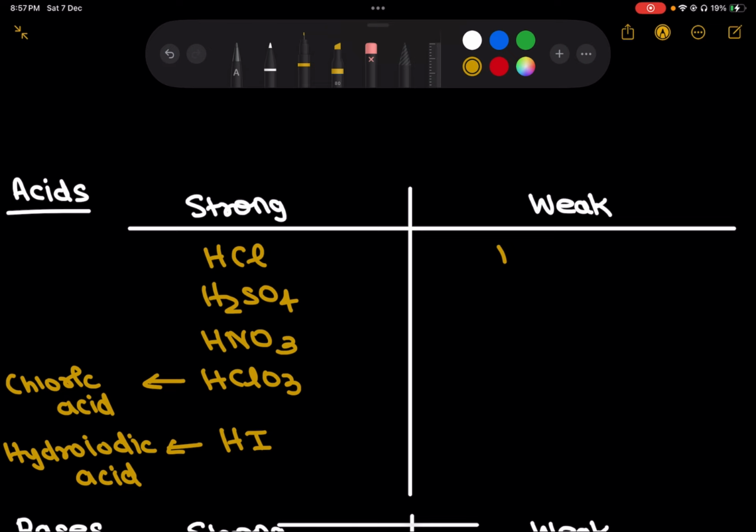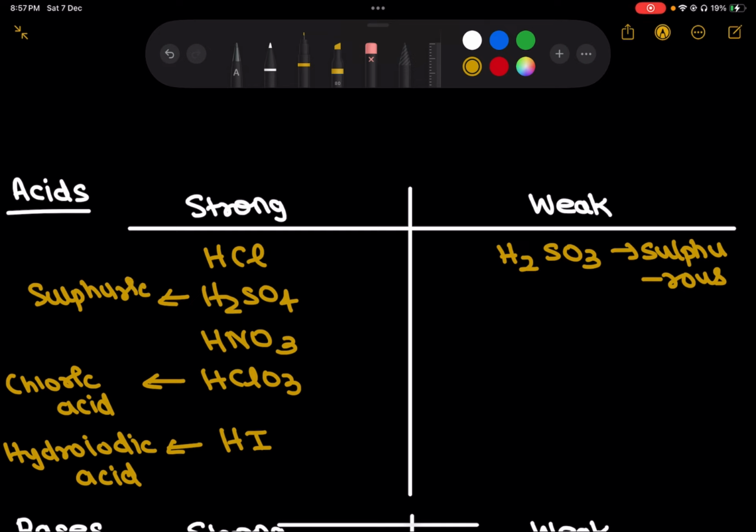Okay. Now weak acids, we have sulfurous acid, which is H2SO3. Remember, sulfurous acid. This is sulfuric acid. There's a difference. Sulfuric is strong, sulfurous is weak. Okay. We have phosphoric acid. You don't need to know the formulas, right? Phosphoric acid, basically it is H3PO4.